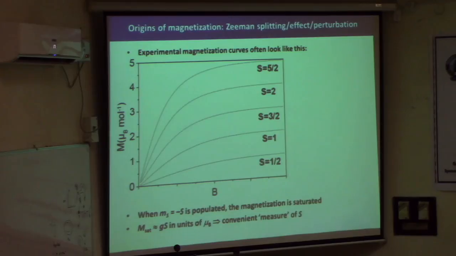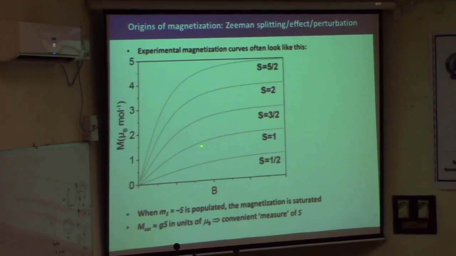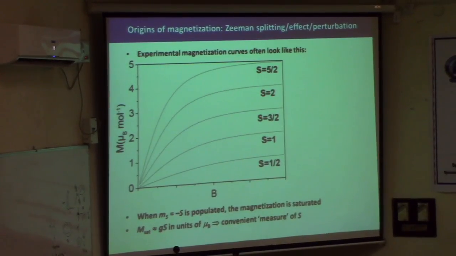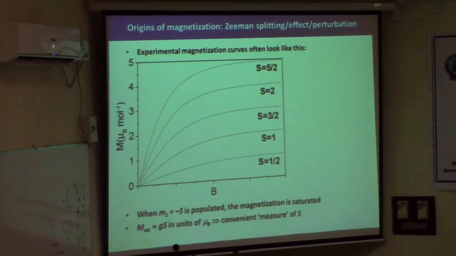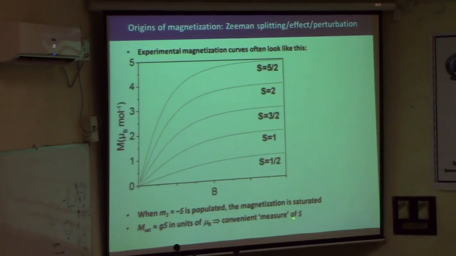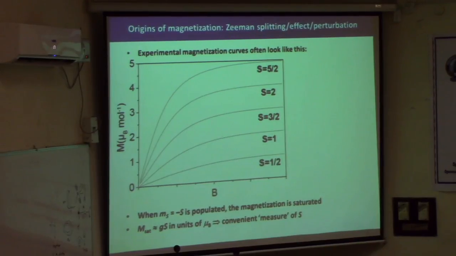So this turns out from an experimental perspective, when you collect data like this, which is very, very simple to do, it can provide you with a convenient measure, if not a direct measure of course, of the number of unpaired electrons in your system. So that's very useful to do. Okay, those of you who are involved in these types of measurement will already be doing it by inspection anyway, I guess.